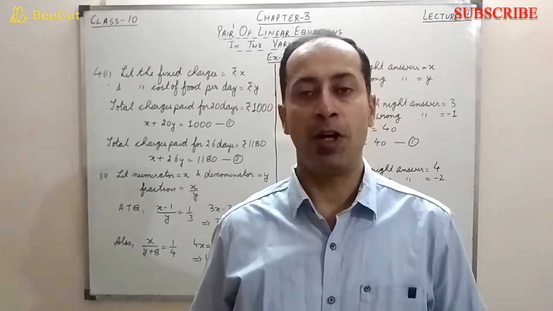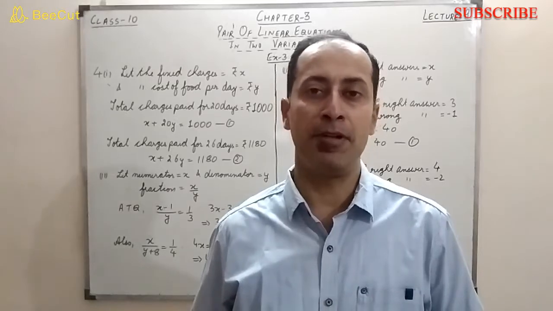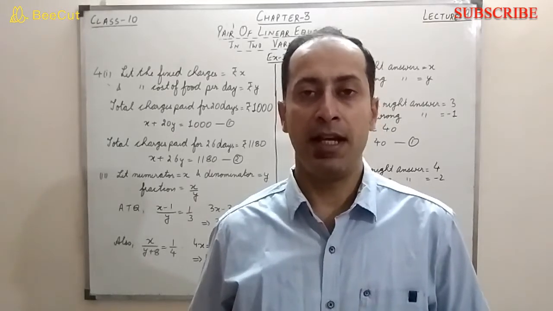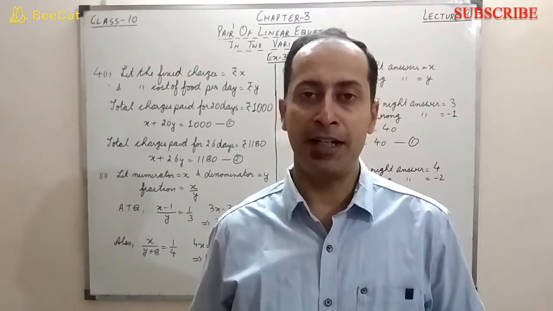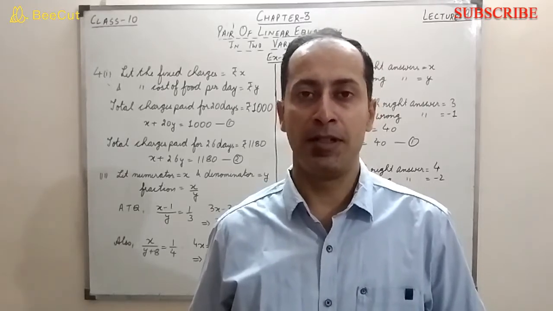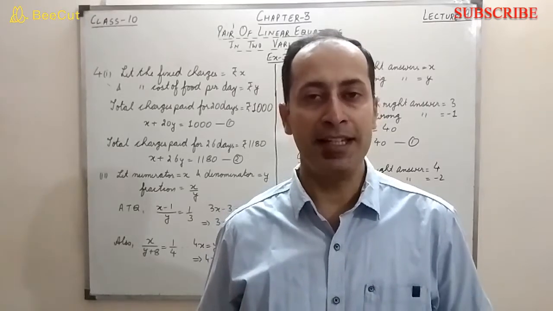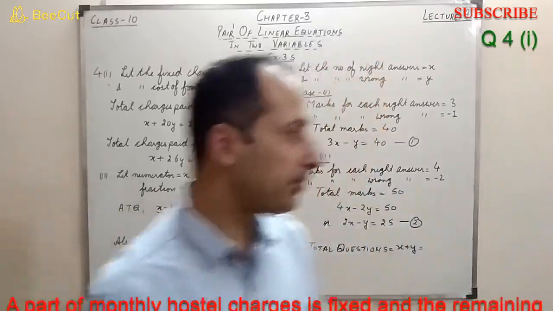Today we are going to discuss the statement questions of exercise 3.5. I will just give you the equations and you will simplify them yourself. In between, I will give you a question whose answer you will have to write in the comment section, right? So let's begin exercise 3.5 with the first part of the fourth question.